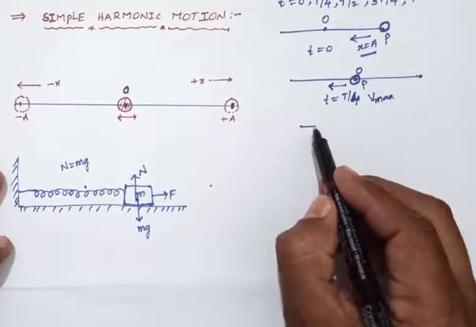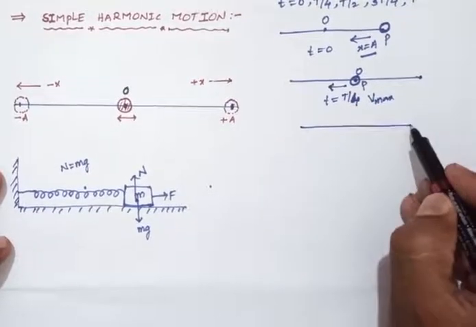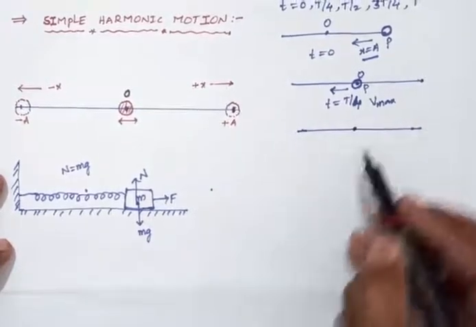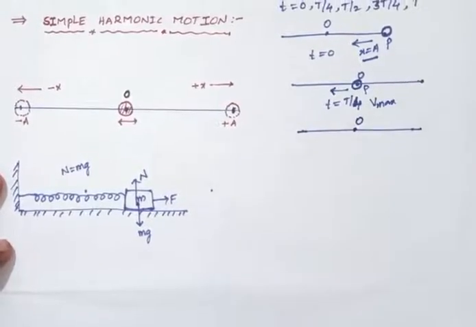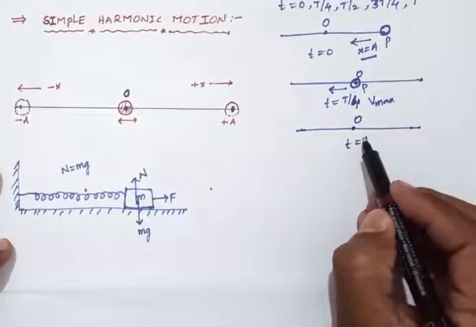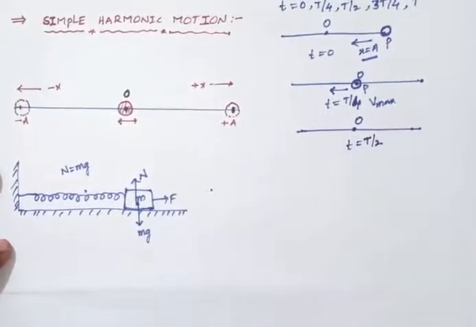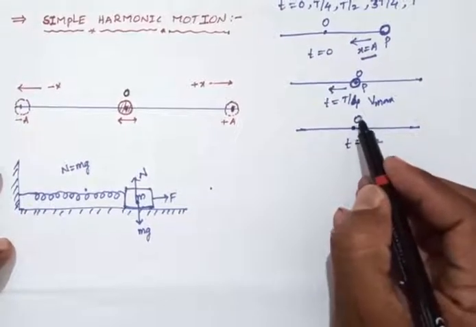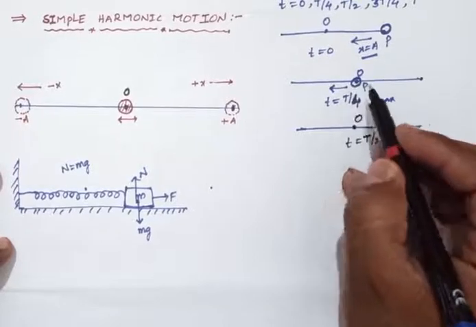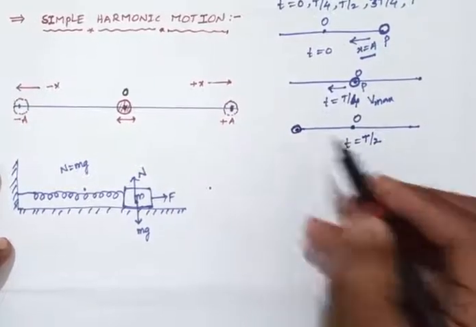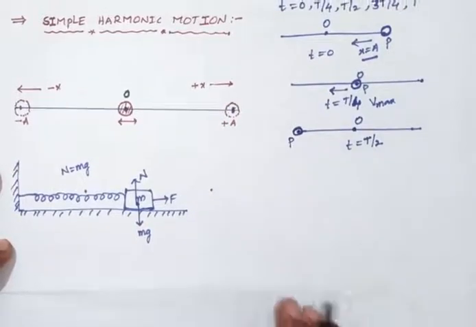Again we take point O at t equals T by 2. The particle moves in this direction to P, on the left side.